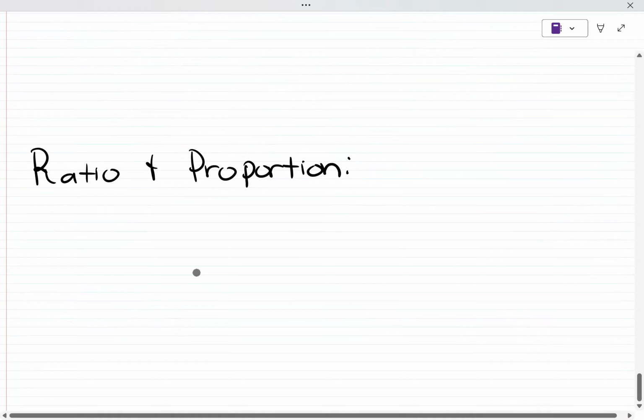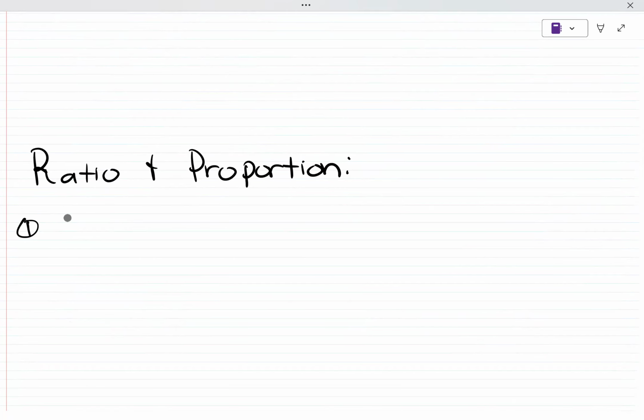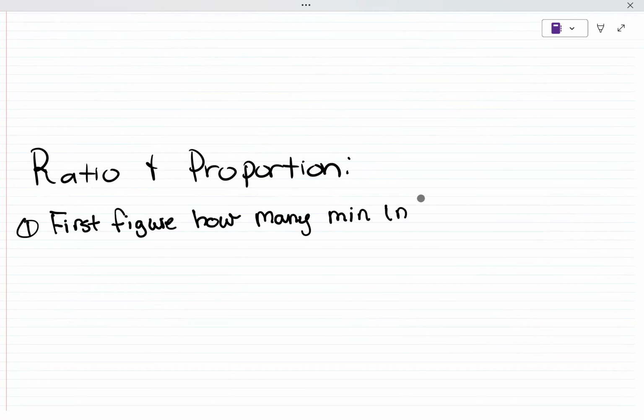With ratio and proportion, you first have to figure out how many minutes are in 4 hours.